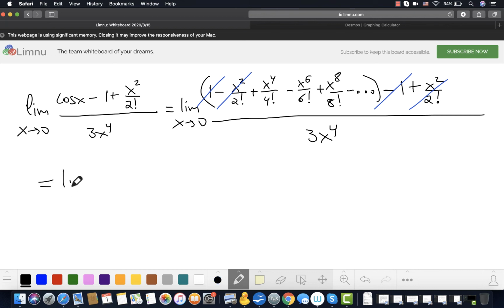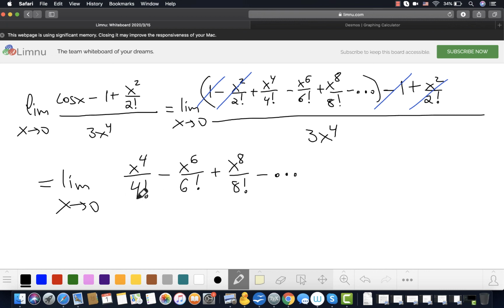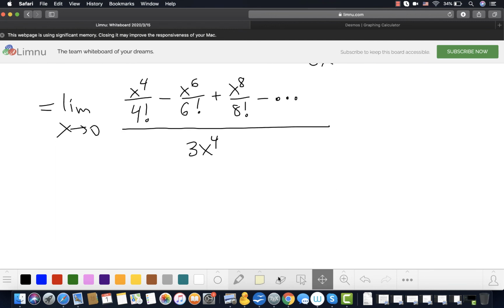So what we get is the limit as x goes to 0, and at the top the first surviving term is x to the 4th over 4 factorial, then minus x to the 6 over 6 factorial, plus x to the 8 over 8 factorial, minus dot, dot, dot. And I divide this by 3 times x to the 4th. Now, I can cancel out x to the 4th from both sides.